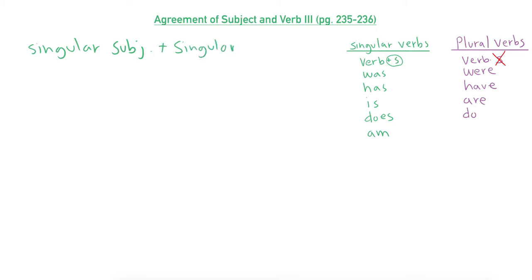So if we have a subject that talks about one person, place, thing, or idea, for example, the boy, there's only one boy, so it's a singular subject. I have to match that with a singular verb. I can say the boy is sad.